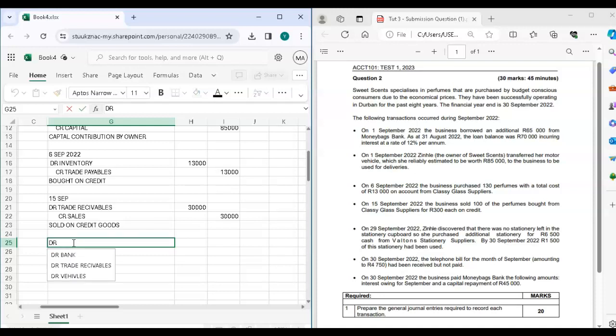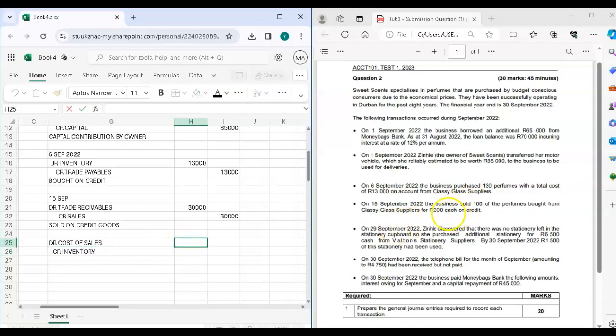So debit cost of sales, credit trading stock, inventory. Now, what would be the price over here? Because think about it, they never give us what's the cost price here, but before that they tell you it's from the same supplier, Glassy Suppliers. So they're selling you the cost over here. 130 perfumes, total cost 13,000.